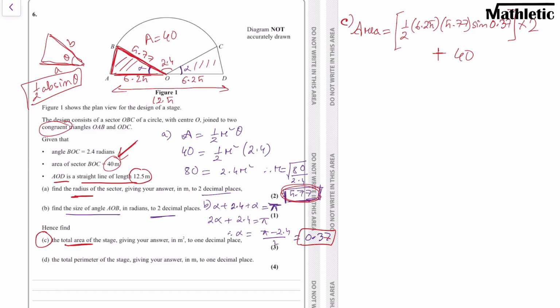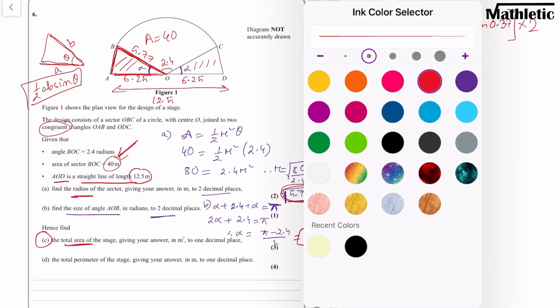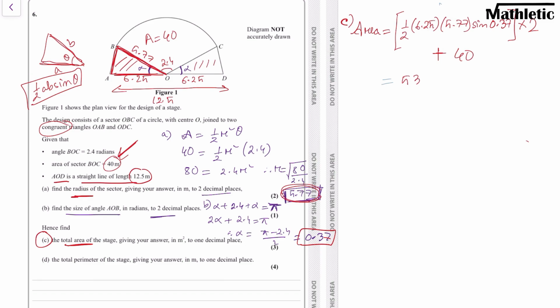So basically it's the triangle area into 2 plus the sector area. So from the calculator you will get the final result, which is 53.1 meters square. And obviously the calculator has to be in radian mode because the angles here are given in radians.